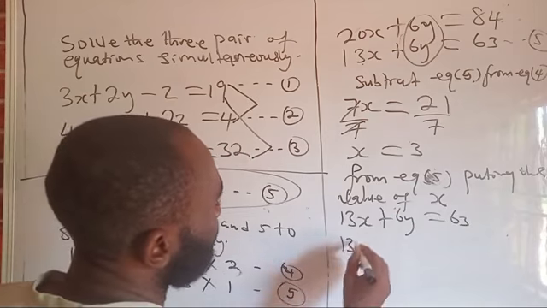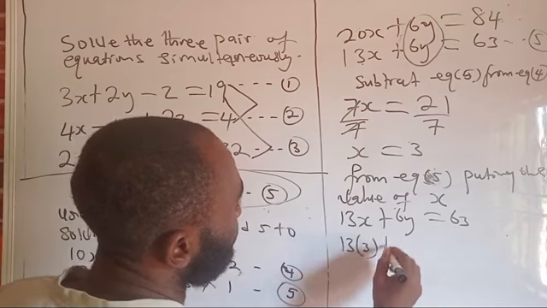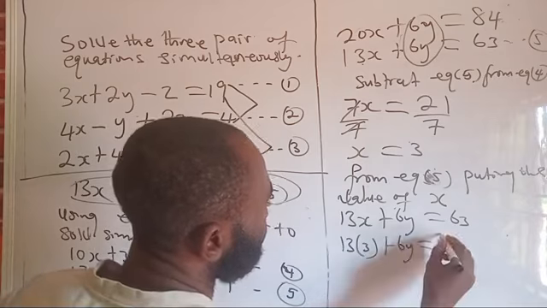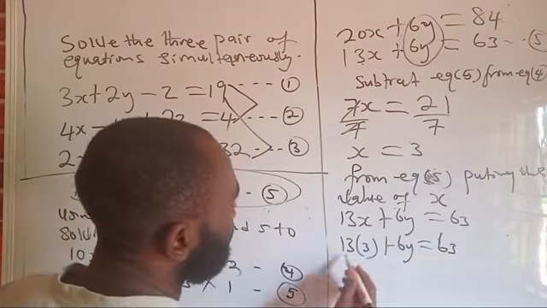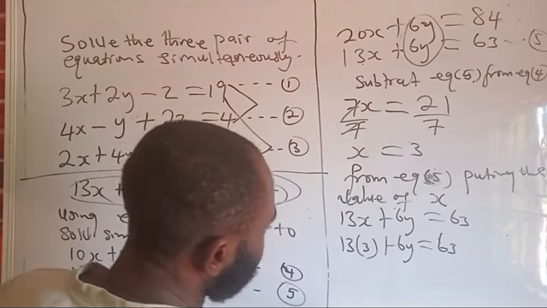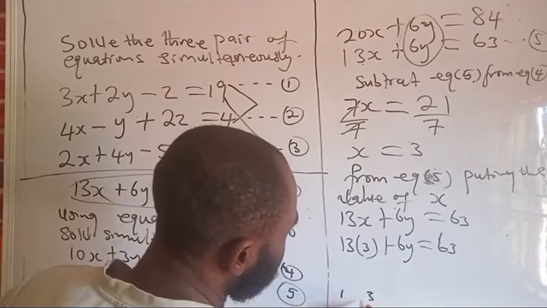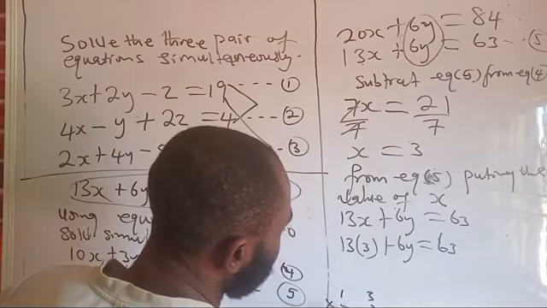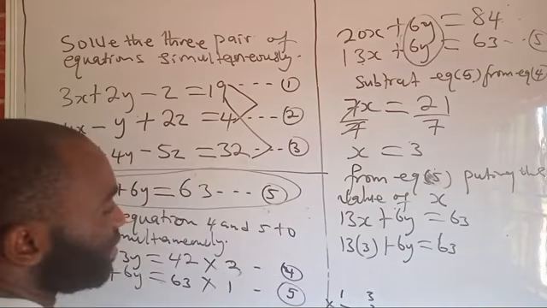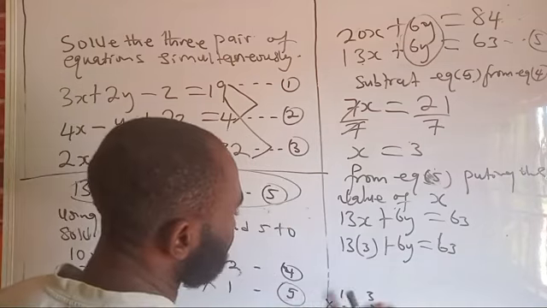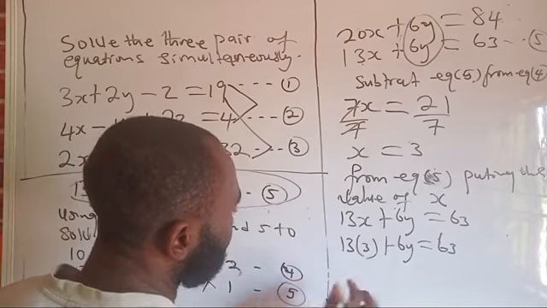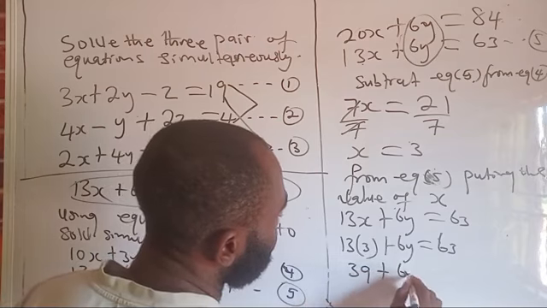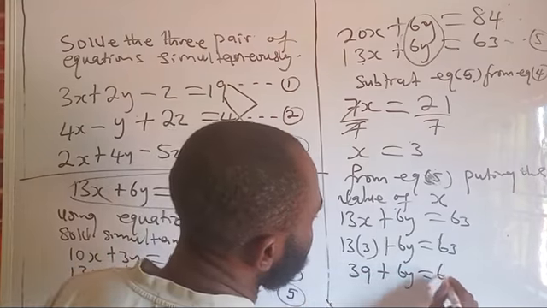So 13 bracket open 3 plus 6y is equal to 63. 13 times 3, 3 times 3 is 9, 3 times 1, that gives us 39. So here we now have 39 plus 6y is equal to 63.